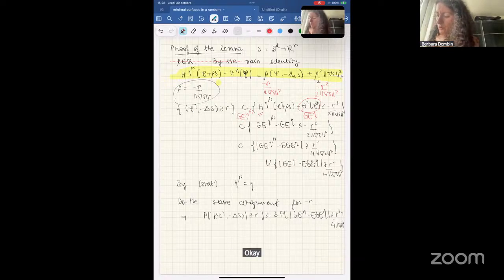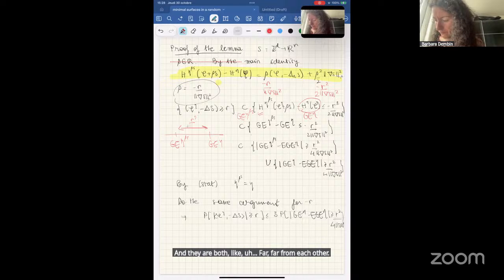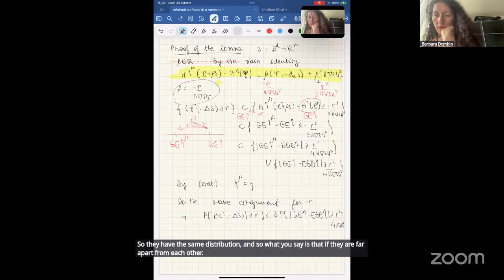And so what you have is two ground energies, G and G_eta, and they are far from each other. The important point is that since you have stationarity, these two ground energies have the same distribution. So if they are far apart from each other, there must be one that is far from the expectation.